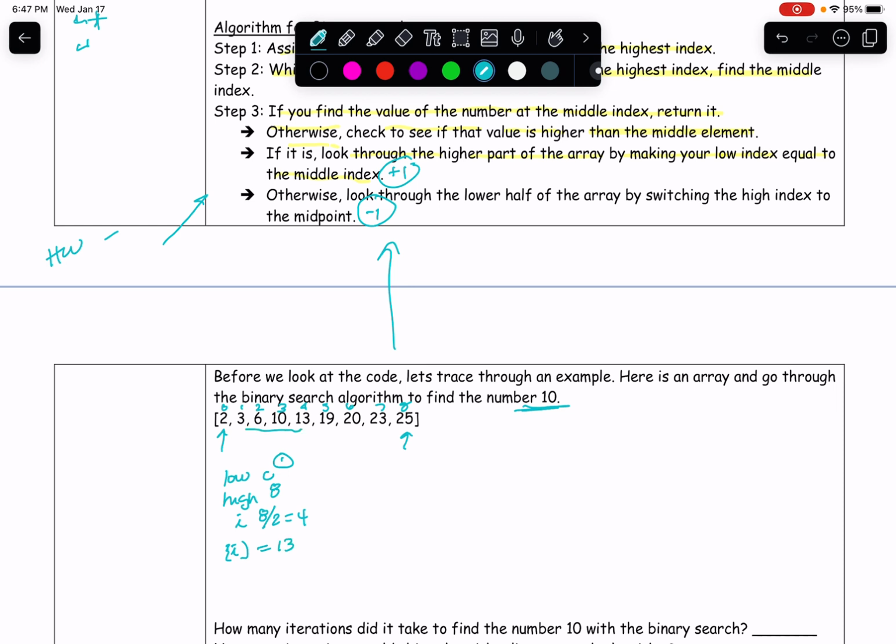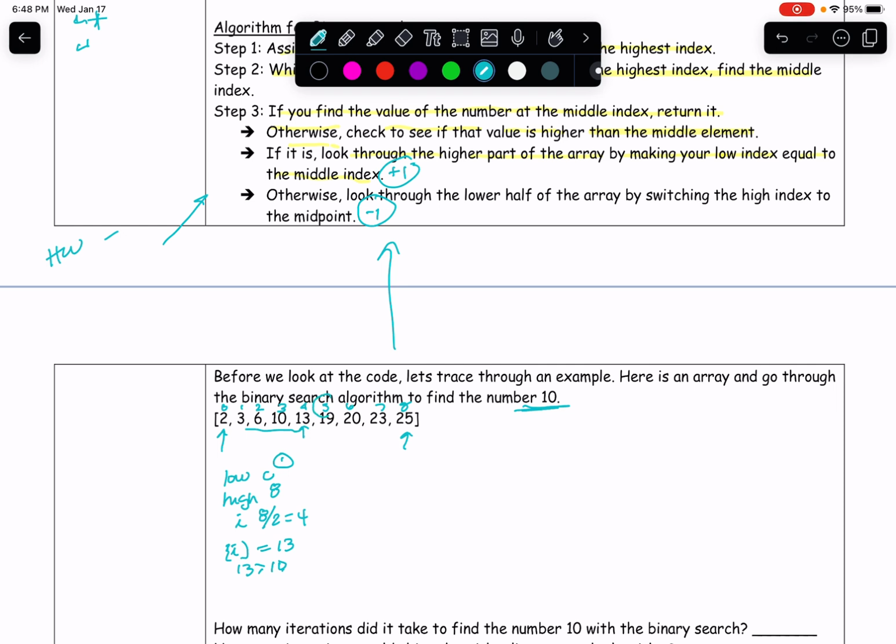So 13 is greater than 10. That means 13 becomes my new high. But actually, since we're doing the -1 and +1, well, no, I'm sorry. 13 is greater than 10, so I make the high 3.